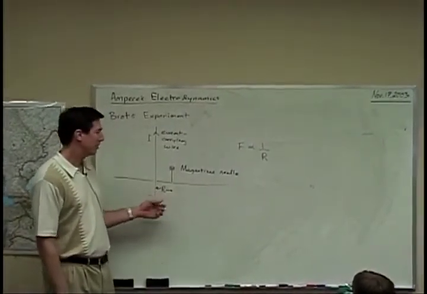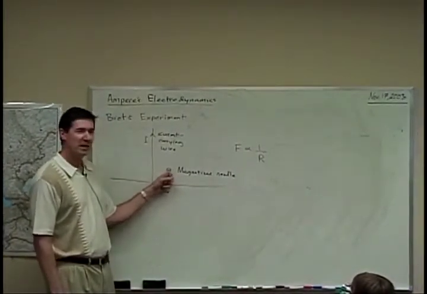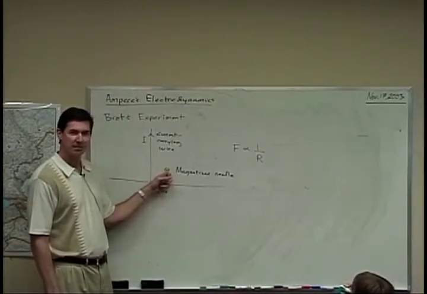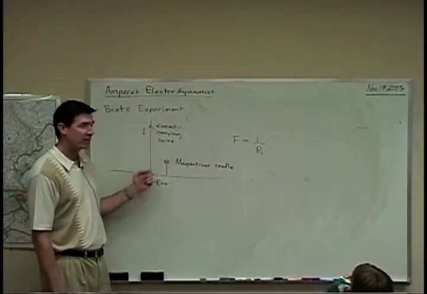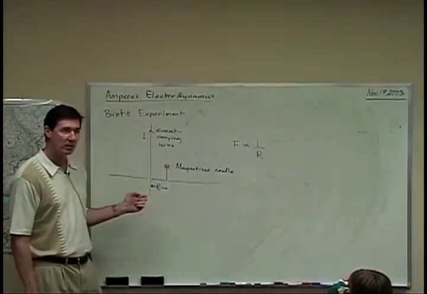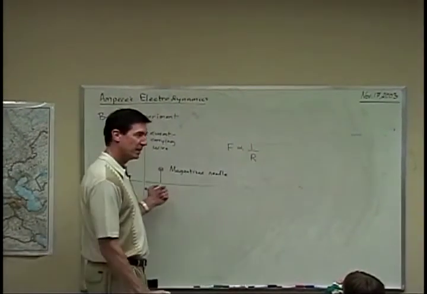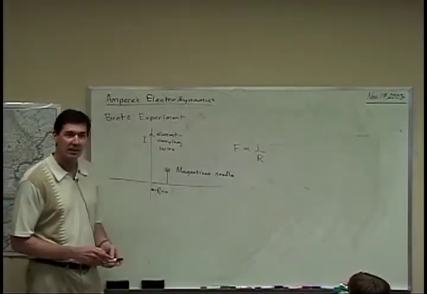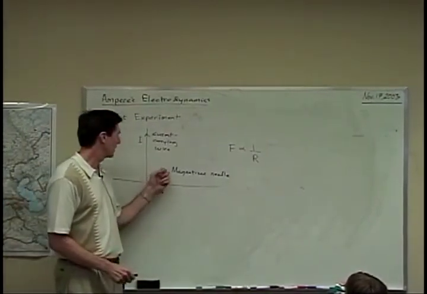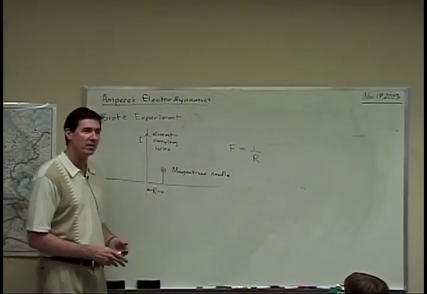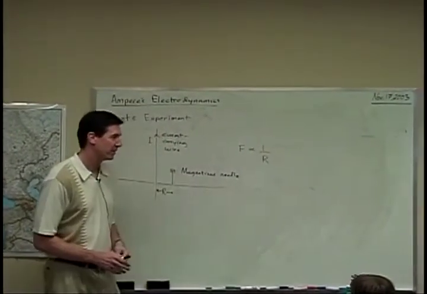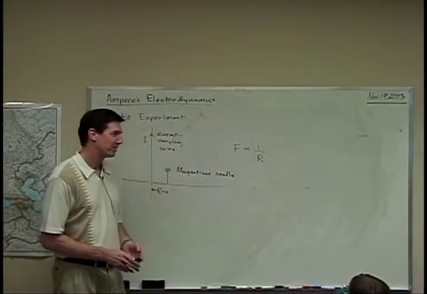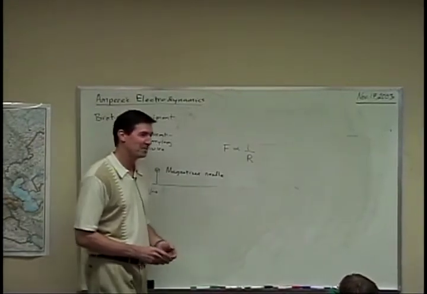What do you think if we leave the magnetized needle in the same place and we just double the current? What do you think is going to happen to the force at the needle? Evan? It's going to double. That's a good guess. Turns out to be right.